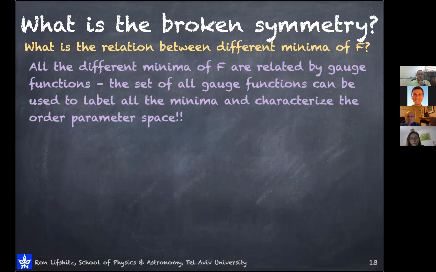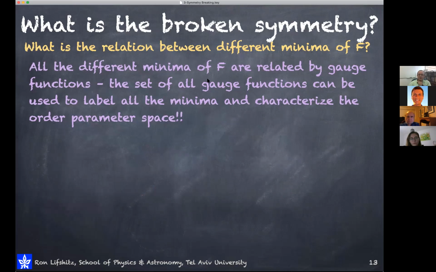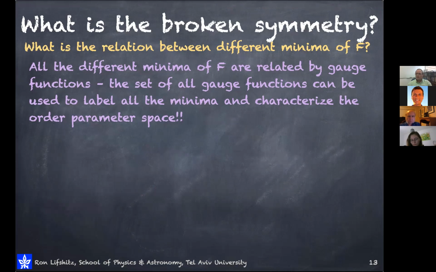So let's move on. We've realized now that all the different minima of the free energy are related by gauge functions, okay? So in fact, the set of all gauge functions can be used to label the different minima and characterize this order parameter space that I'm trying to construct here in front of your eyes, right?